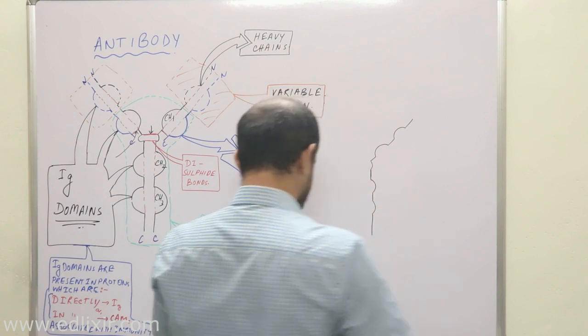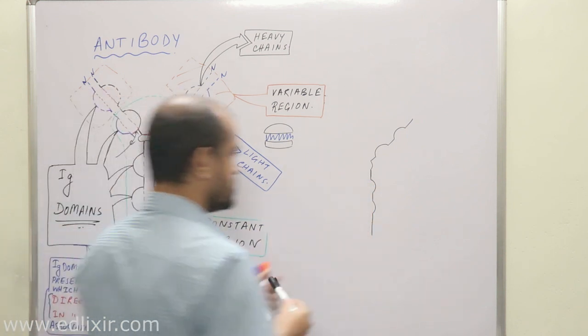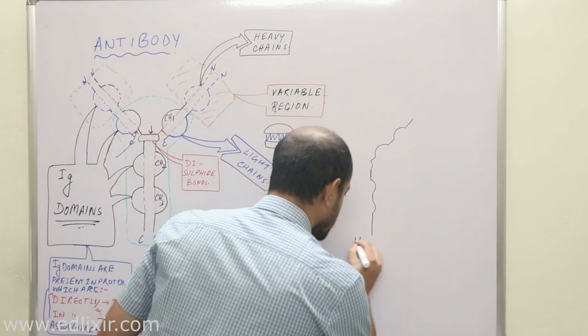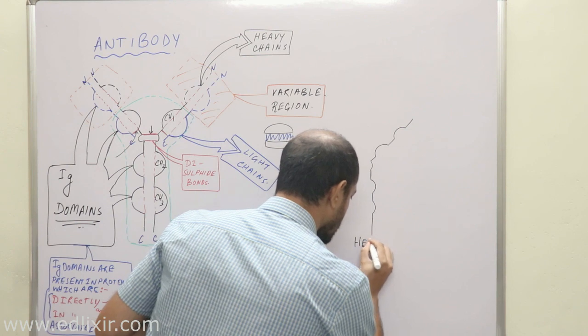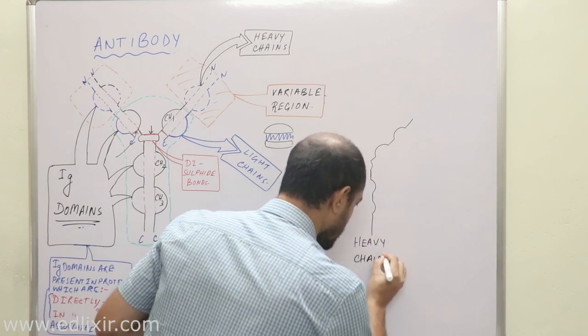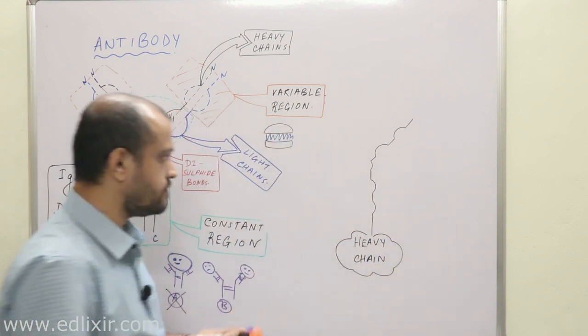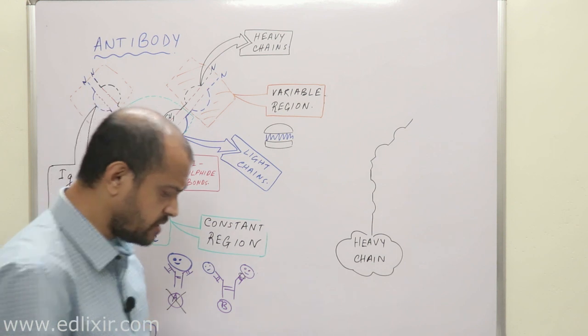Now listen. I am not going into the details of every structure. So this is the heavy chain, nothing but the heavy chain of an antibody or immunoglobulin.